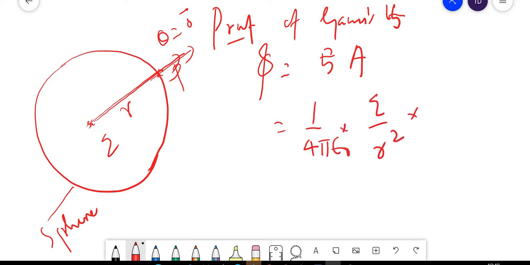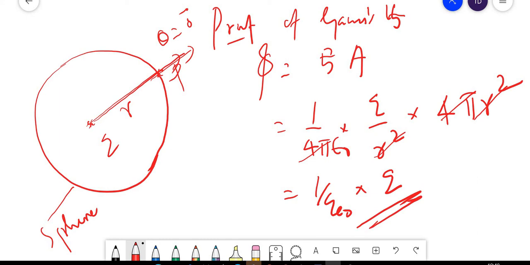The surface area of the sphere is 4 pi r square. From this, 4 pi and 4 pi cancel, r square and r square cancel. It is equal to 1 by epsilon 0 times Q. This is flux. This is Gauss's theorem, and this is the proof.